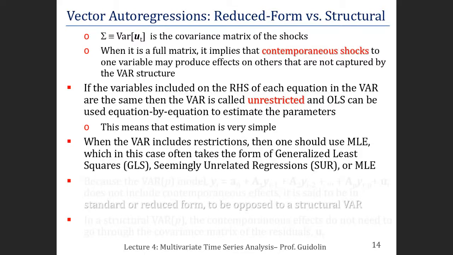Now, maximum likelihood in the case of VARs actually manifests itself in the form of generalized least squares, that I don't know if you covered in Econometrics 1 or not, but it's a kind of least squares in which, however, you have to weight the observations by the inverse of their variances and covariances, practically defined, okay?